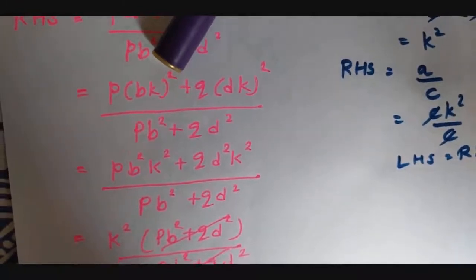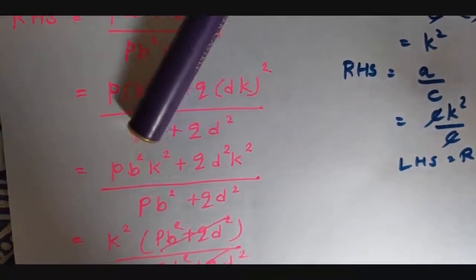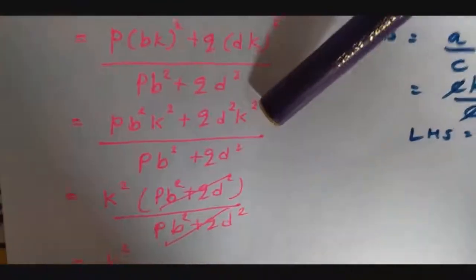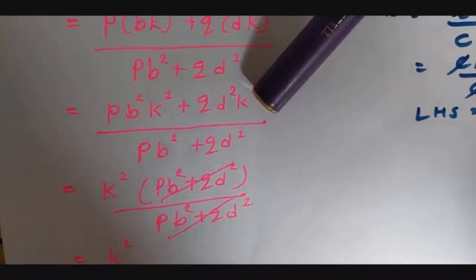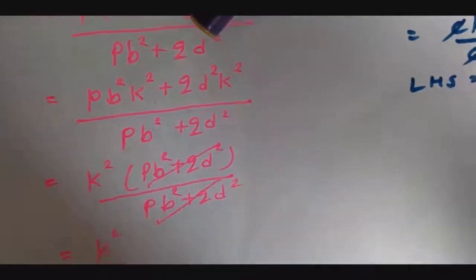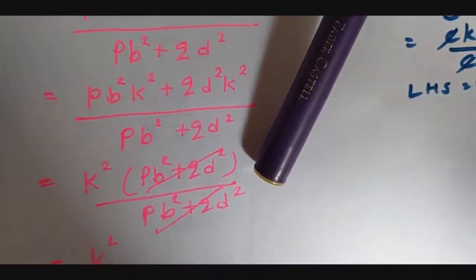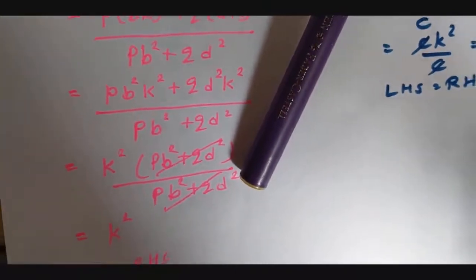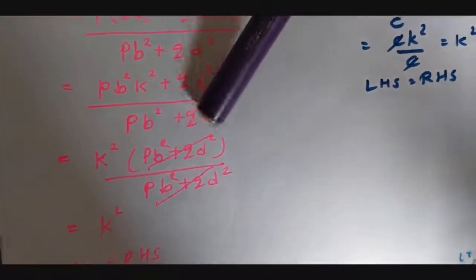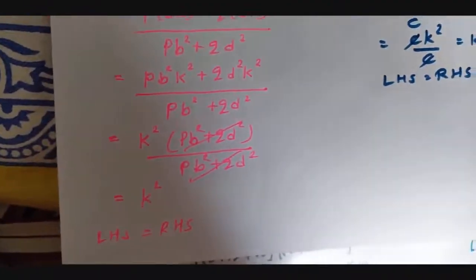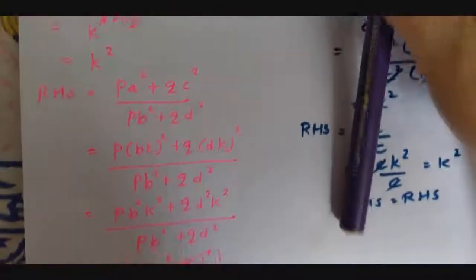Taking separate squares, pb^2 k^2 plus qd^2 k^2, denominator as it is. Now from the numerator k^2 is common, so take k^2 common and put in the bracket the remaining things, so that the bracket gets cancelled and I am left with k^2. So you can check, our left hand side also gives k^2 and right hand side also gives k^2. It means left hand side is equal to right hand side, and hence proved.